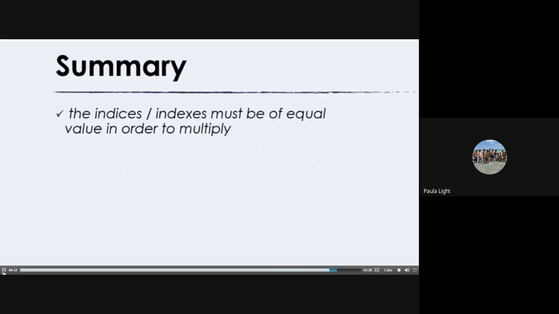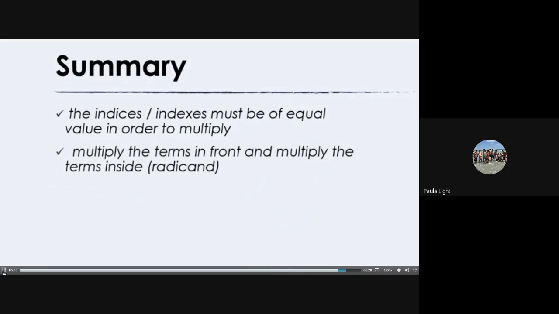All right, so in summary, just a few final thoughts here. The indices must be of equal value. They must be the same to multiply. And if they are, then you're just going to multiply the terms in front and multiply the terms inside, or the radicands. And finally, you have to simplify. Again, that could be the hardest part for many students, is the simplifying part.